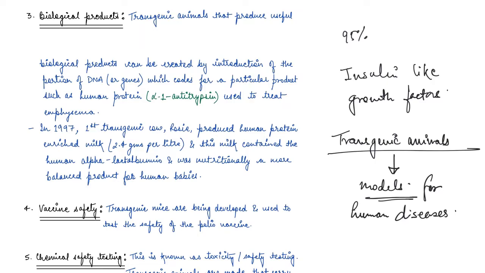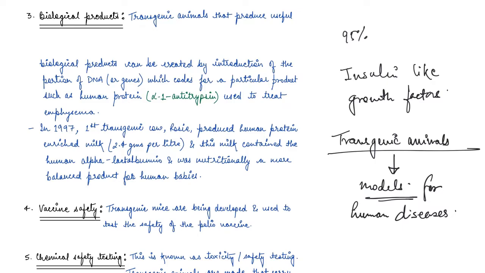These can contain biological products, and such products are often expensive to make, right? So we rather create transgenic animals, and then these transgenic animals produce useful biological products. These can be created by inserting a portion of a gene which codes for that particular product.